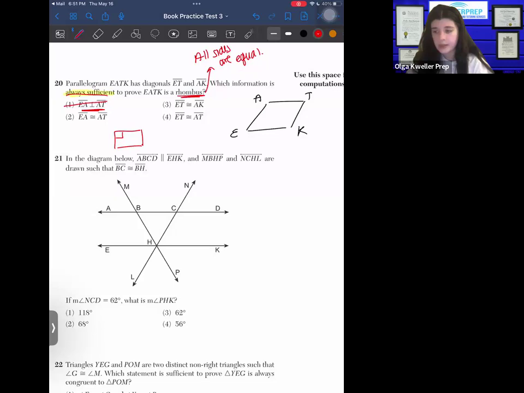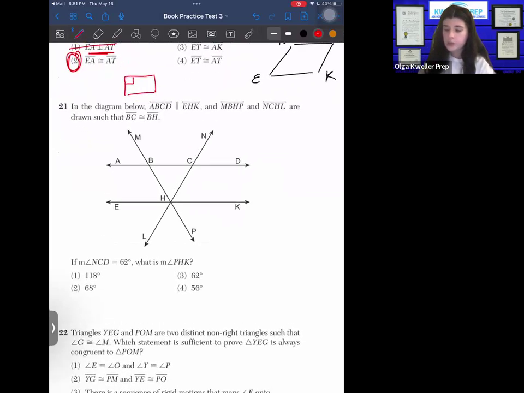The key is always. ET equals AK, the fact that the diagonals are equivalent, again, not necessarily only true in a rhombus. That could be true if this was a rectangle as well. And then ET is equal to AT. That is not necessarily true in any of the cases, but EA equals AT, by definition, in a rhombus, all sides are equal. That's the key for this question.